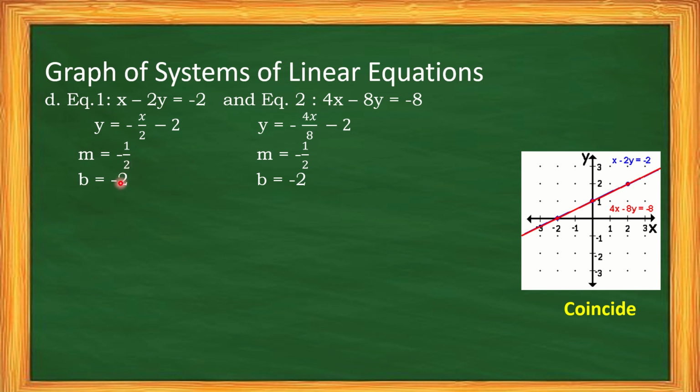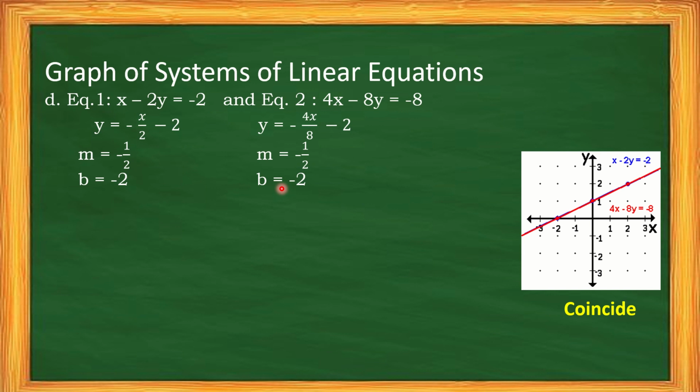In the second equation, y equals 4x over 8 plus 1. Our slope is 4 over 8, or in simplest form, 1/2, and our y-intercept is 1. As you can notice, the slopes of the two equations are equal, and so are the y-intercepts.